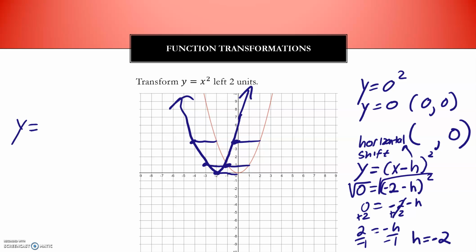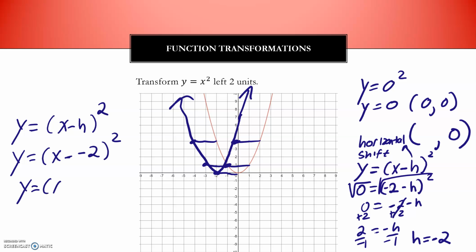So if my formula is y equals (x minus h) squared for a horizontal movement, I would take my value (x minus negative 2) squared, and I know that double negative becomes positive. That's why I have to add when I move to the left.